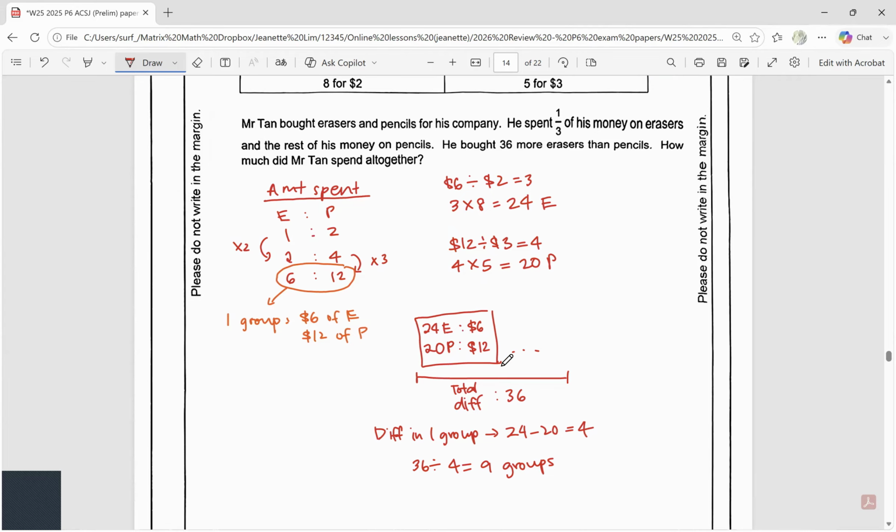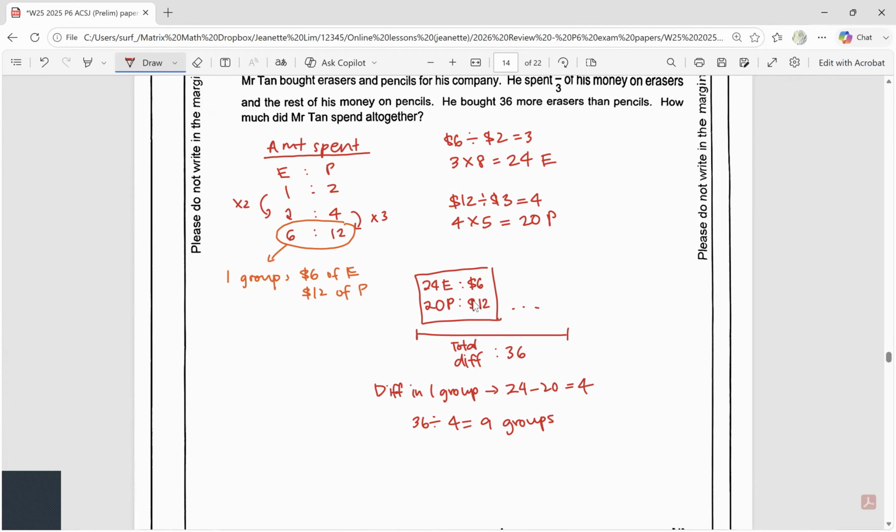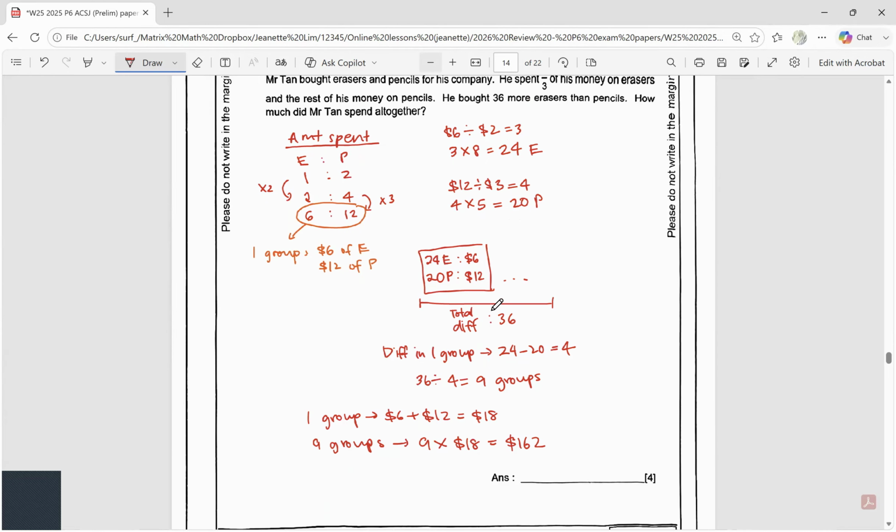In one group, we have $6 plus $12, which is $18. So for 9 groups, the total amount spent would be 9 times 18. So total spend is $162.